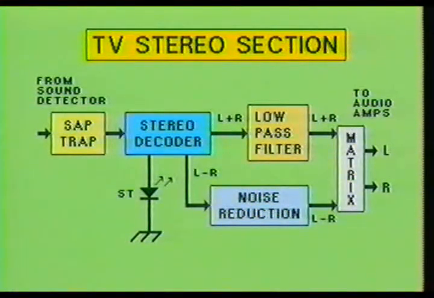The L-R audio signal now goes to the matrix decoder, where it is combined with the L+R audio signal. The matrix decoder separates the L+R and L-R audio signals into individual left and right audio channels.